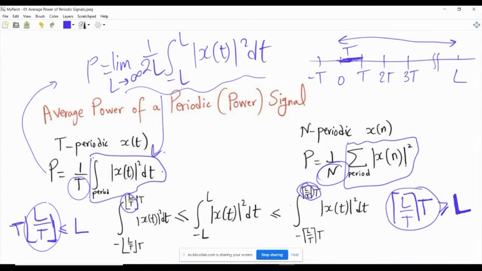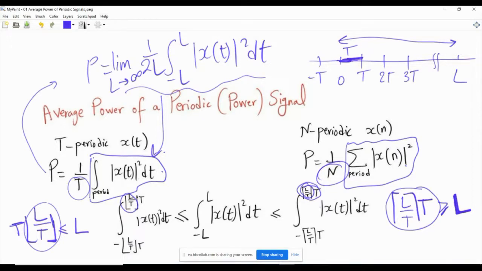So now we have complete periods. Now we are integrating over complete periods. While if we just integrate to L, for a general L, if you divide L by big T, you may get a fraction. But by doing the ceiling and the floor, you get integers, and now you are doing the integrals over complete periods.